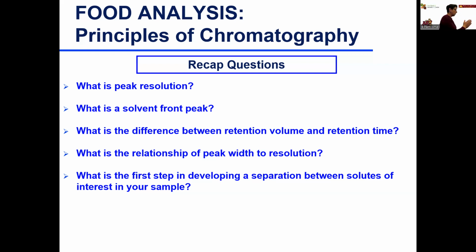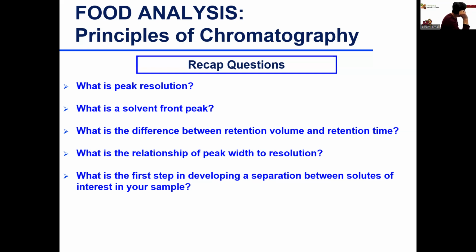So retention time is the time it takes from injection to the eluite or the compound or the solute to get out of the column, and you see a peak for it. Whereas the retention volume is the volume of the mobile phase that it took to get that solute out. And usually we really care about retention time. It's very rare that we care about retention volume.